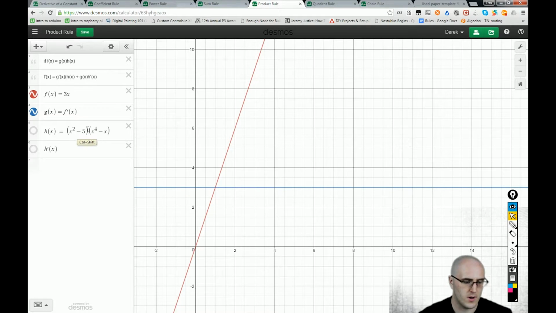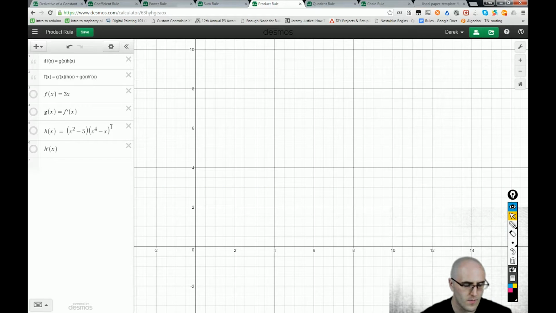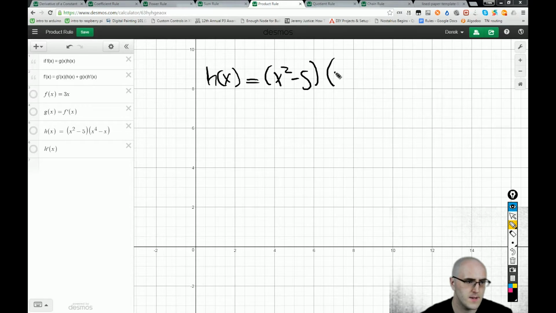Okay, now we're going to do something more complicated. Let me turn those off. So, h of x is equal to x squared minus 5 times x to the 4th minus 4. Alright, let's define this right here as g of x, and this right here as, oh, we're already using h.